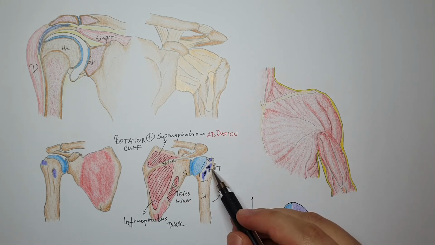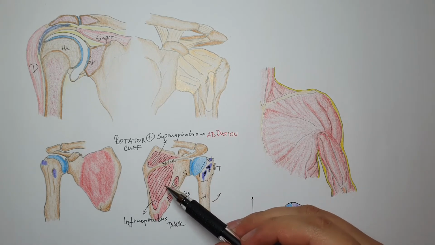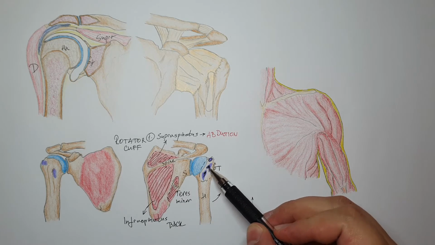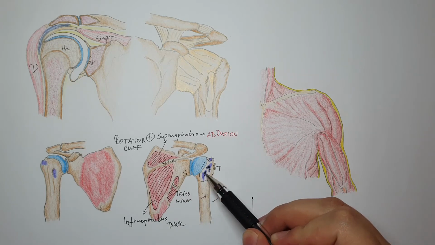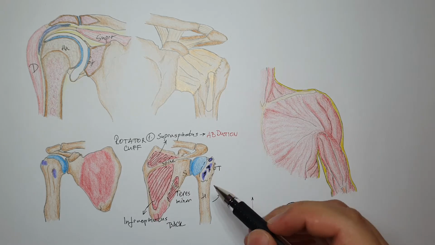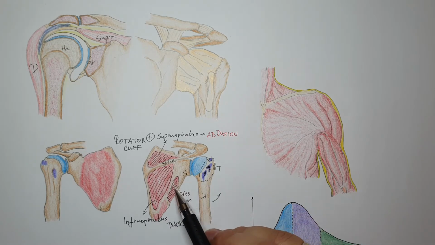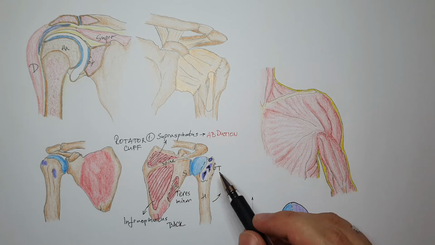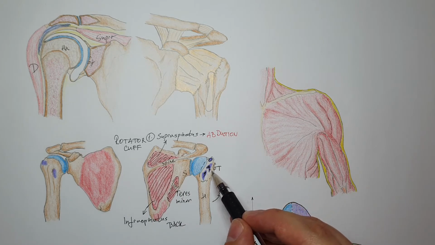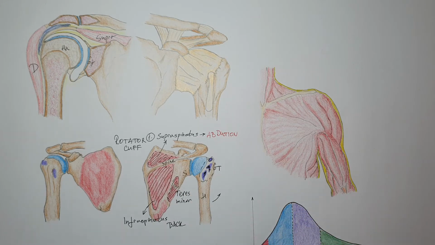And these two muscles, the infraspinatus tendon that is above and the teres minor tendon that is underneath it, you can see this is the back of the humeral head. When these muscles contract, they are rotating the humeral head to the back. That means the whole arm will be rotated externally.